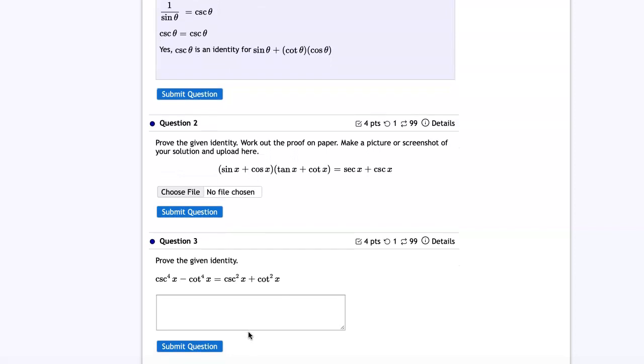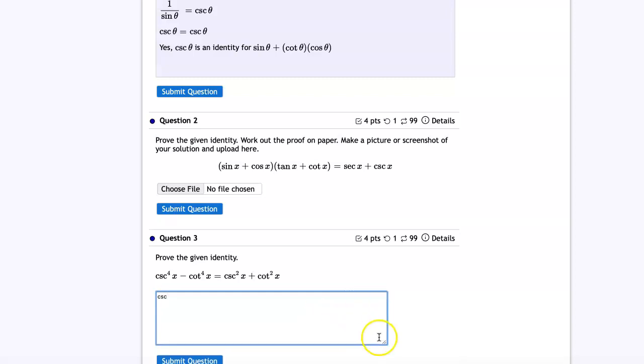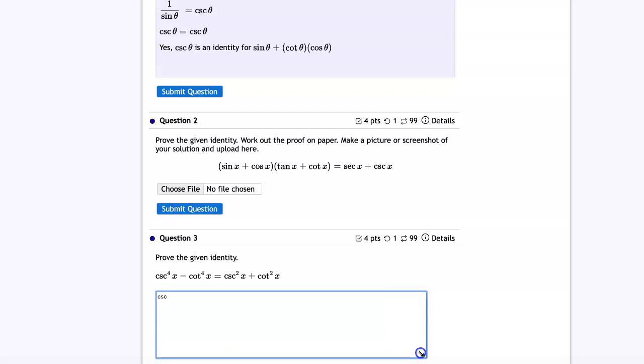This one right here, it's going to have you type up your answer. Now, typing up math can be pretty challenging. So what I would do is click on this corner button right here. When you click on the corner button, it should give you an expanded view. It's not behaving here. Oh, this is going to make it bigger for me here.